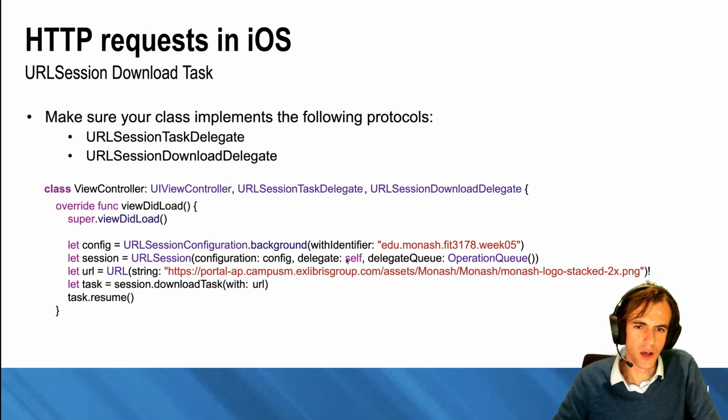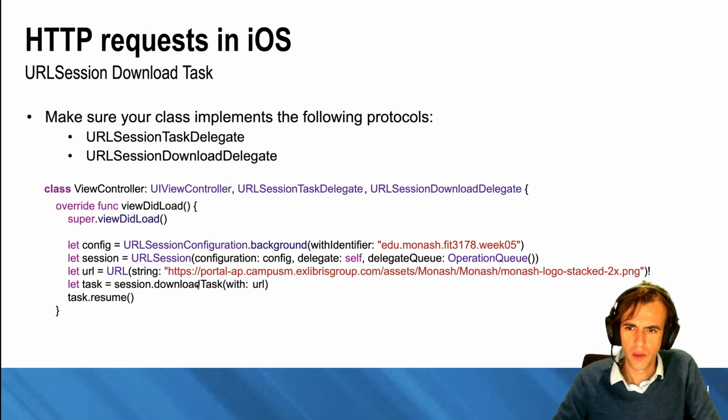So we tell it a class that we want to be a delegate for this particular URL session. As part of this, we tell it a delegate queue, so the delegate calls can be made on different threads. So we won't spend time talking about that right now, but we can talk more about that in future weeks.